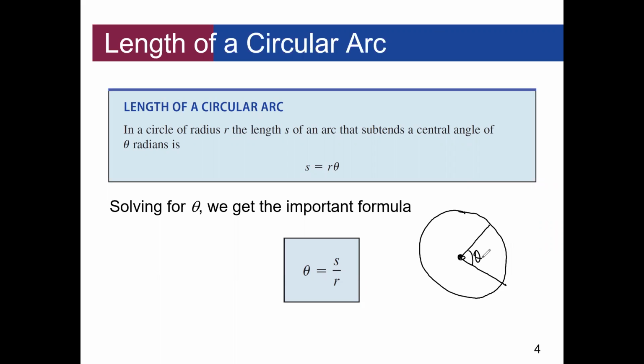And then what we're trying to do is find, let's say this is A, this is B, the length of this arc right here. The length means the distance from one point to another point on the circle. So we're calling this length S. This is what we're trying to find, S.